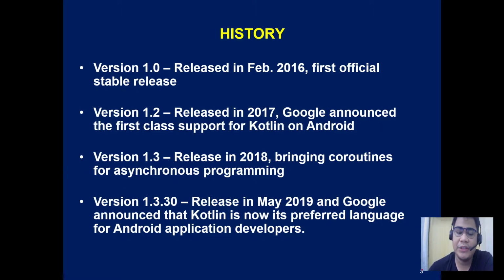The official release for this was in May 2019, and it was during this time that Google announced that Kotlin is now the most preferred language for Android application developers. It doesn't mean they created Android using Kotlin, but rather they will be using Kotlin for their different software applications at Google, such as the applications on Android.